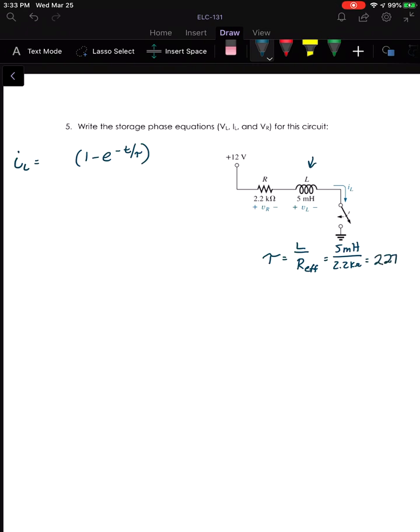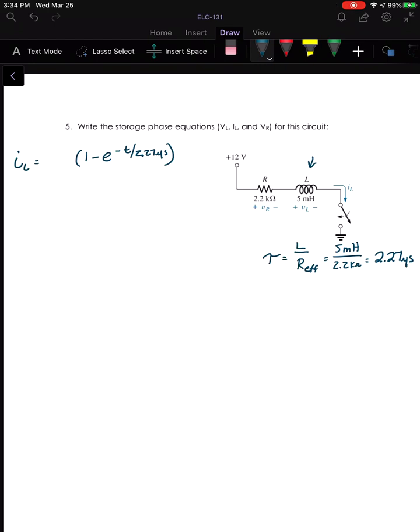So about 2.27 microseconds. 2.27 microseconds is our time constant there. So I'm going to put that in our equation. And there we go.